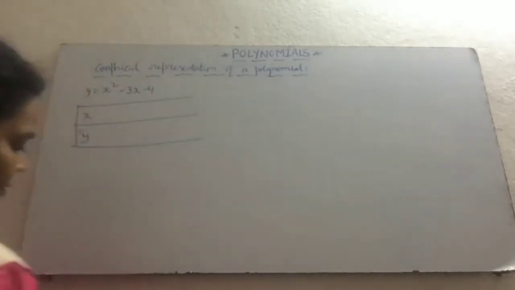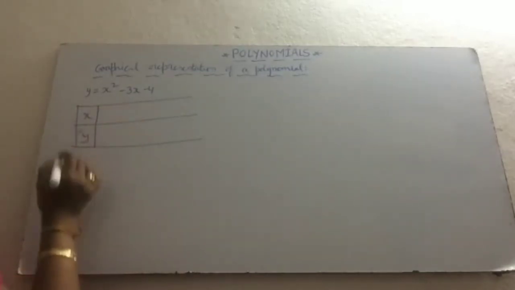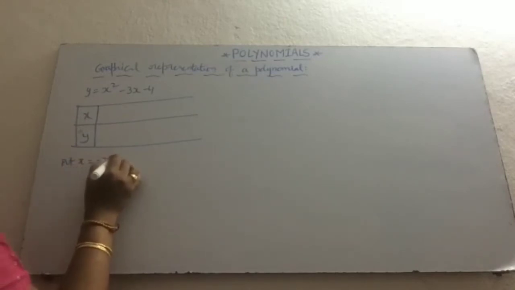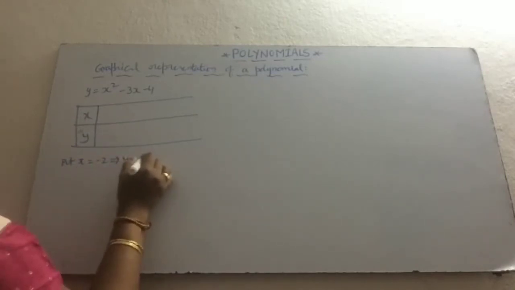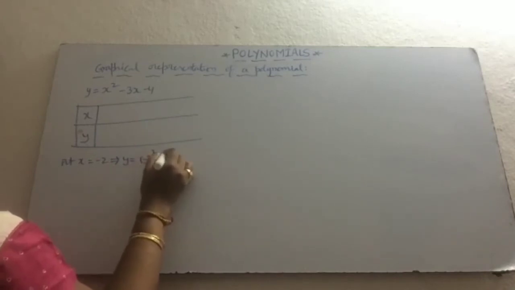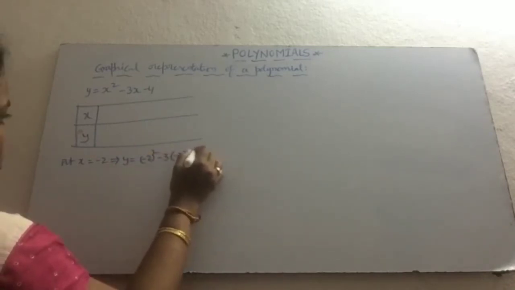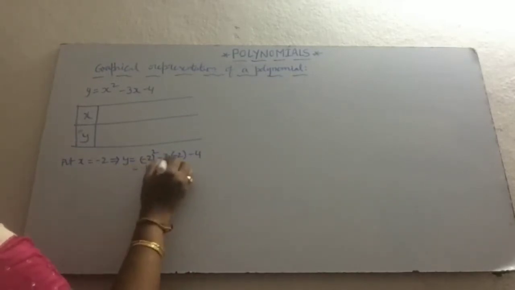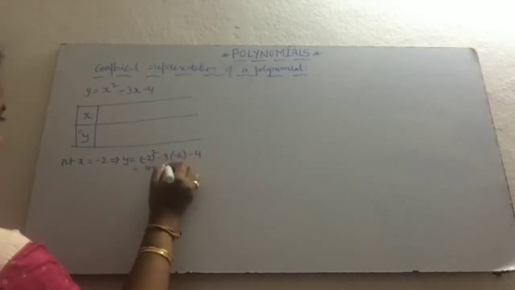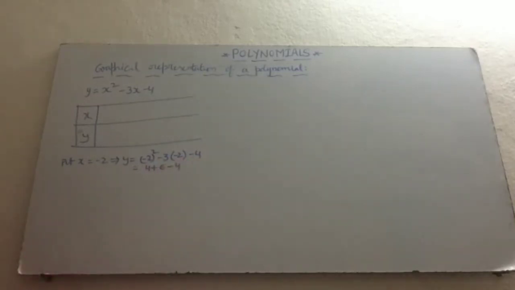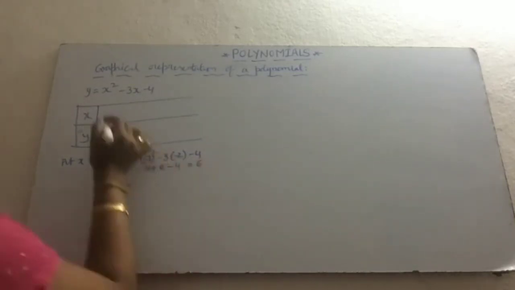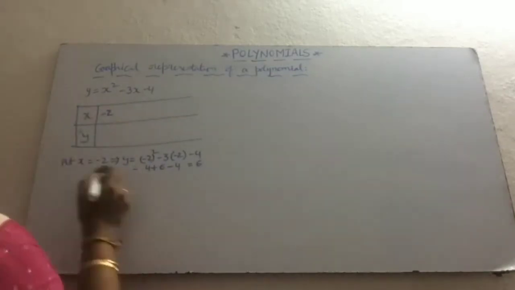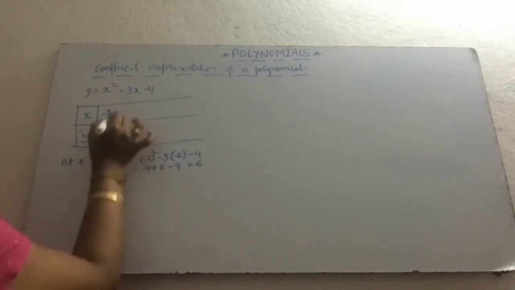If I will take the values of x, put x equal to -2, then y equal to -2 whole square, -3 into -2 -4, then 4 plus 6 minus 4, that equal to 6. So when x equal to -2, the value of y equal to 6.